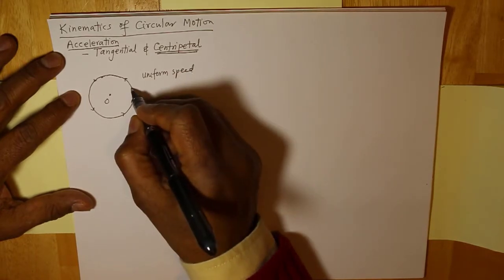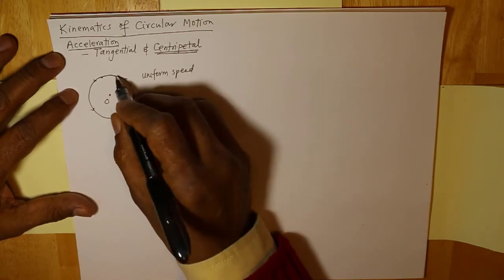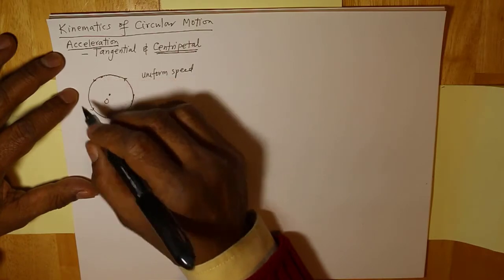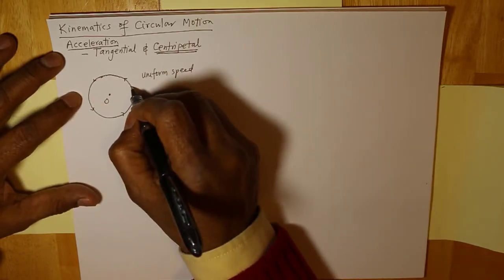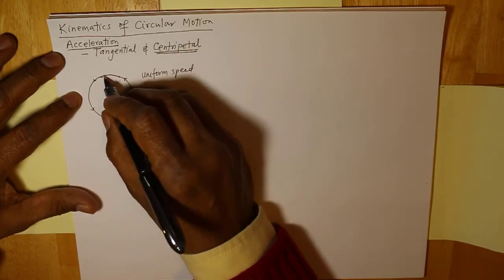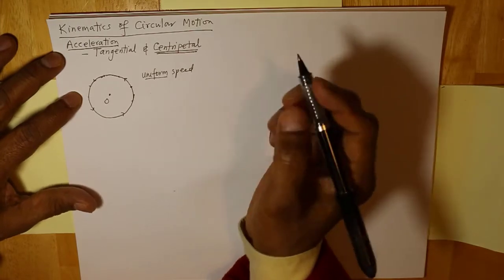That means the instantaneous speed is the same at each point, not just the average speed over a full circle. If I ask you how fast it's going over here, you're going to get the same number. It's the same over here, over here, at any point. So that's what's called uniform speed.